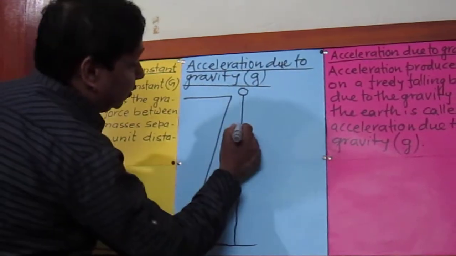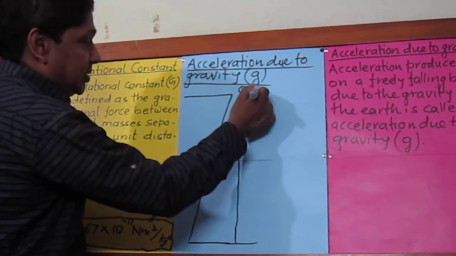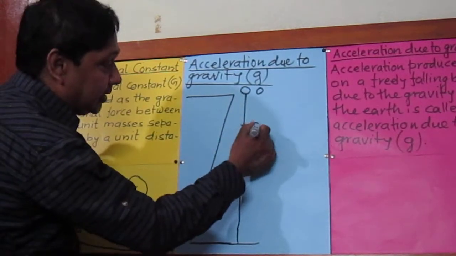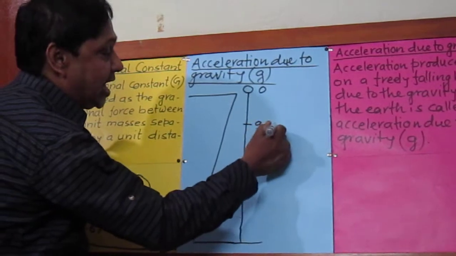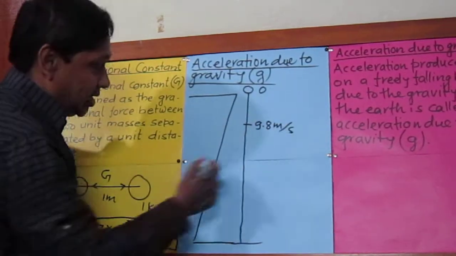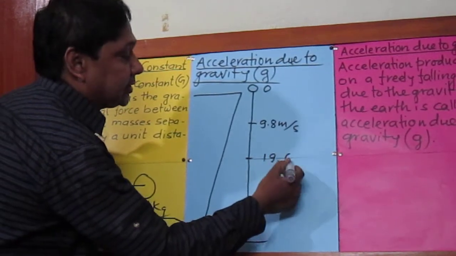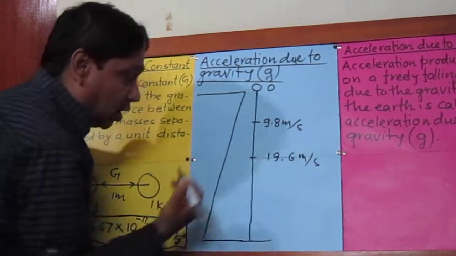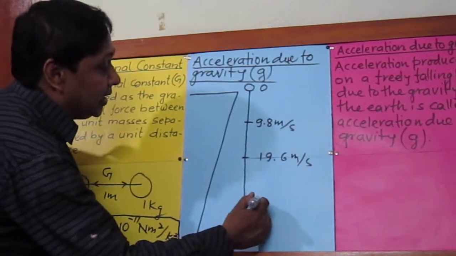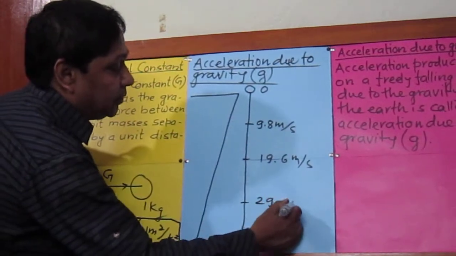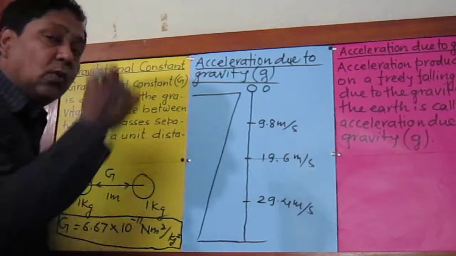Look at this. At first its velocity is 0. After 1 second its velocity will be 9.8 meter per second, and after another 1 second its velocity will be 19.6 meter per second, and in another second its velocity will be 29.4 meter per second. Look at this, velocity goes on increasing.